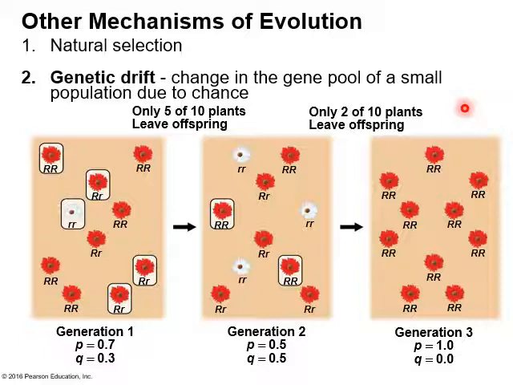In another year, there could be a fire in this area and all these flowers are dead. Or maybe in the next year, there's bee colony collapse and no bees happen to visit this area. Right? There's all this random stuff that goes on in nature that has nothing to do with natural selection. And what we collectively call that is genetic drift.